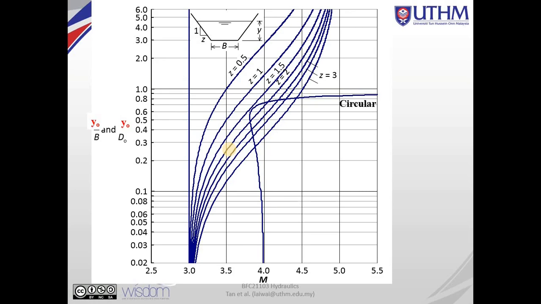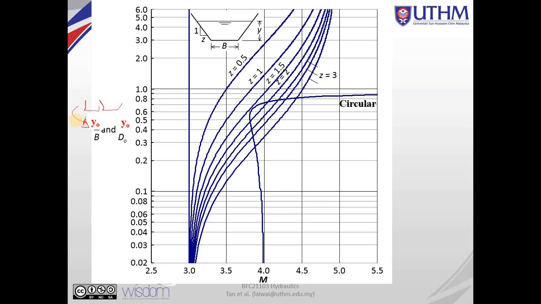For the M parameter, we need the ratio of the depth of flow Y to the width B. If the shape of the channel is rectangular or trapezoidal, we use this ratio.